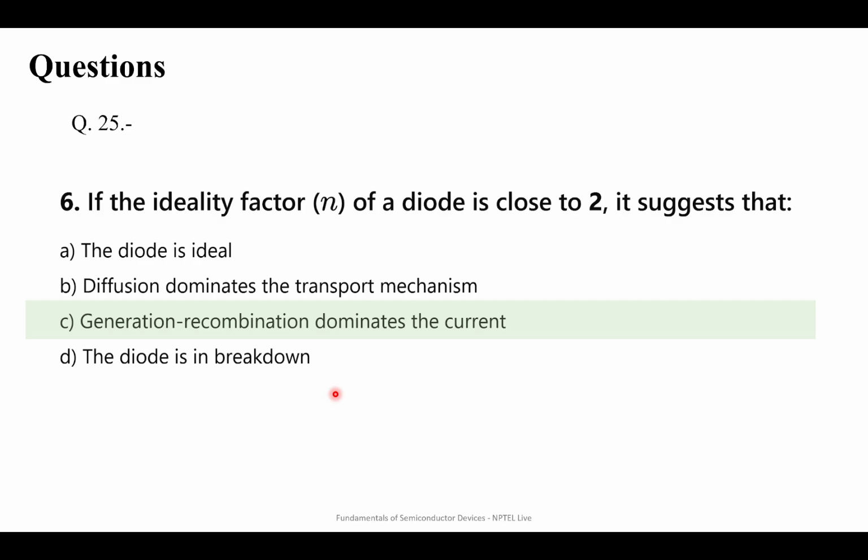This is the non-ideal case, and at this point your ideality factor is close to 2, which means your current will be I naught e power qV by 2kT minus 1. So you can see the current is almost the square root of what it should be.